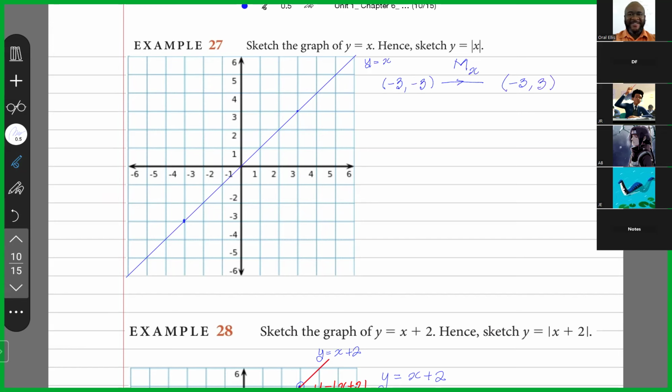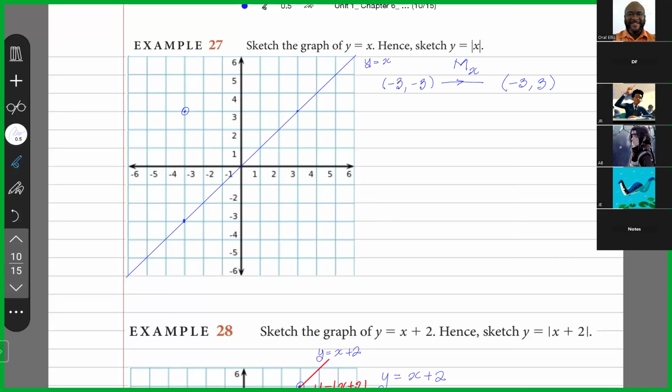Whenever you reflect a point in the x-axis, the x-coordinate remains the same and the sign of the y-coordinate changes. So a point on the mod of f of x is the point -3, 3.